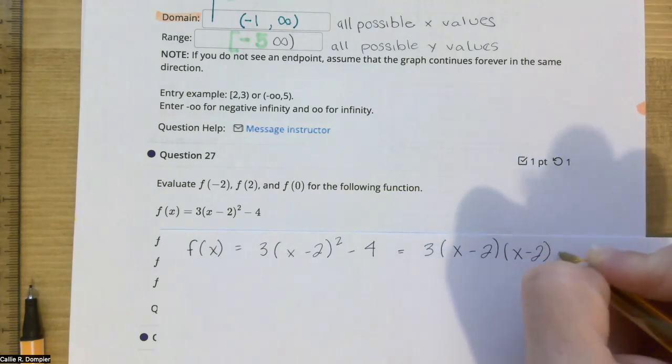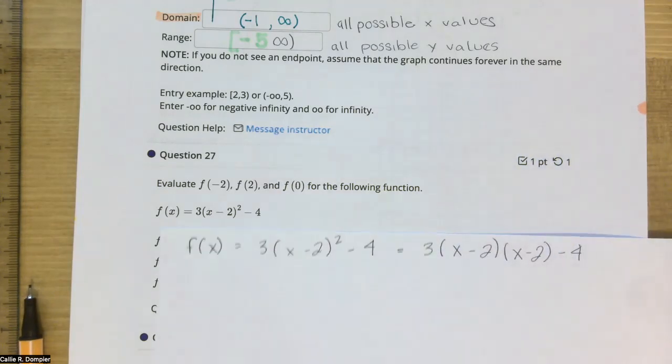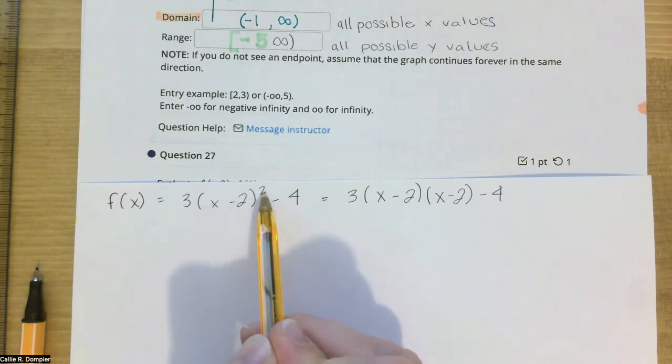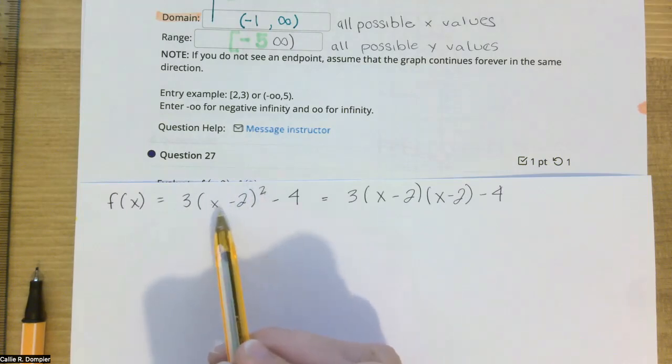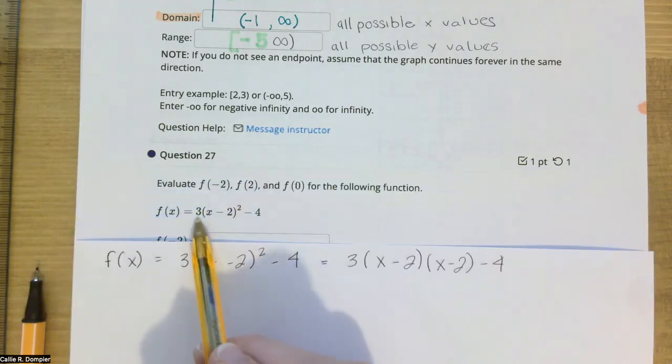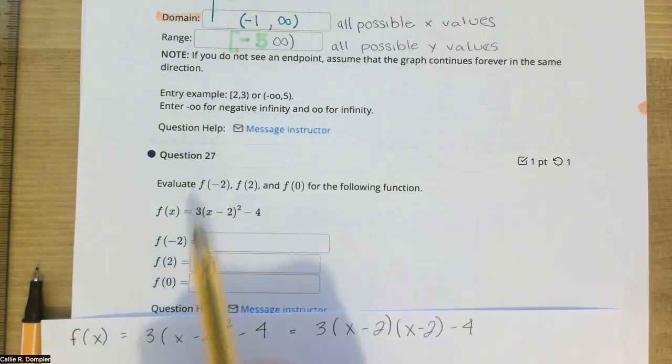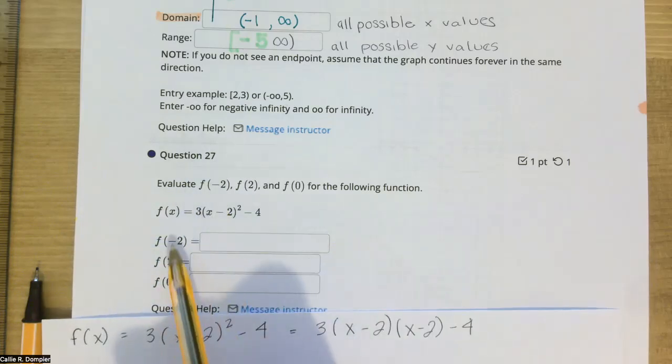We would expand it, right? You don't really have to because we're putting in a number for that. So you can put that number minus 2 and then square that number. That's also fine. But do remember how to simplify these, how to do each part of these problems, because it's easy to make mistakes. And that is really all we're doing. We're just putting in that for x, and then that for x, and then that for x.